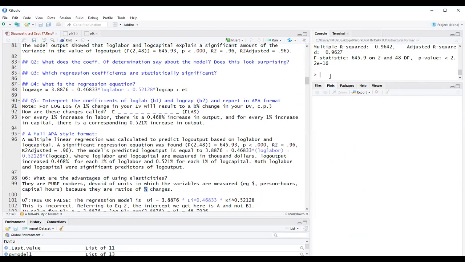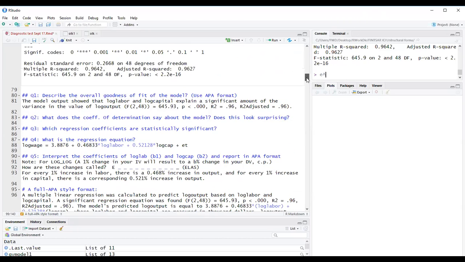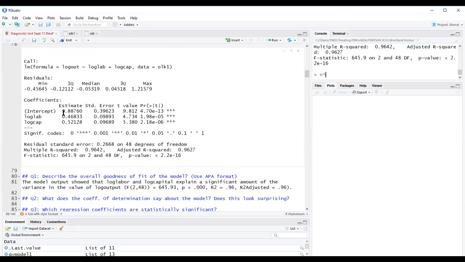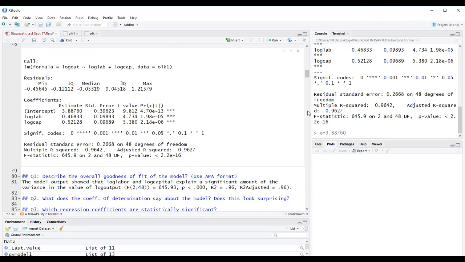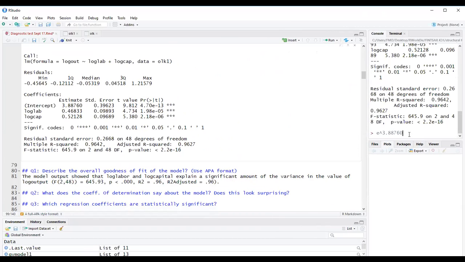B1 is capital E to the what guys? E to the A. Ano si A? A is this one. Control C, Control V. So that's how you compute exponential e to the 3.8876. How much do you get, guys?